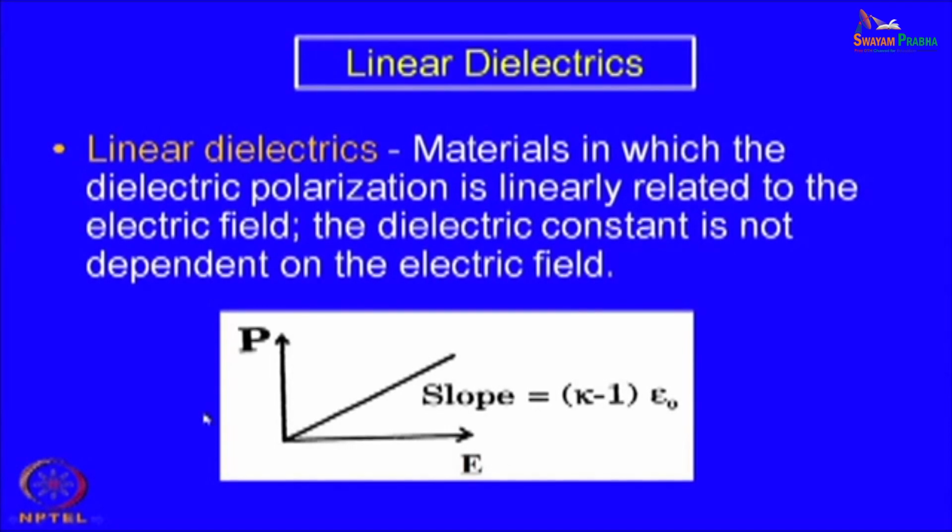It is a plot of polarization versus applied electric field, and it becomes a straight line, and the slope is actually the dielectric constant. So, since the dielectric constant is independent of the applied electric field, it is called the linear dielectric. The group of materials which depicts this kind of relationship are known as linear dielectrics.